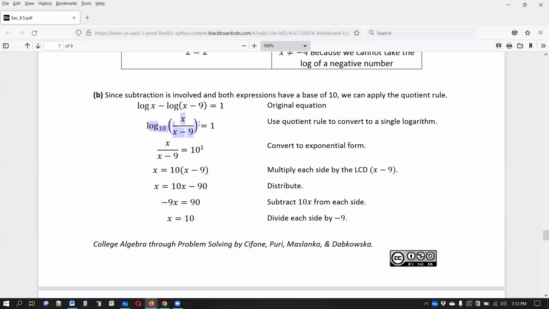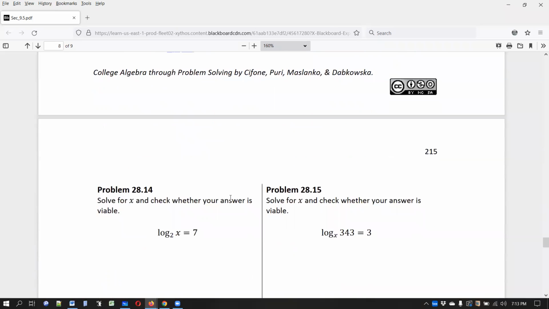Now that I have a single log on the left side, this number becomes the base of this number, 10 to the first, or just 10. And then I'm going to solve this rational equation, multiplying both sides by x minus 9, and then I'm going to solve this simple linear equation. I get this answer that needs to be checked. Okay?